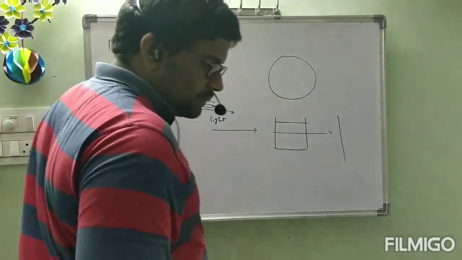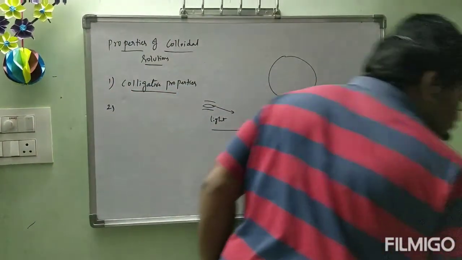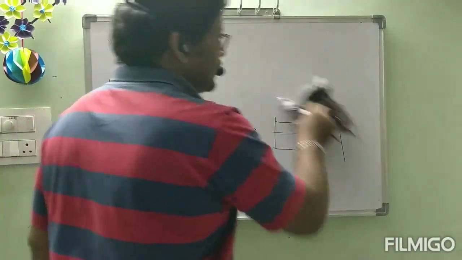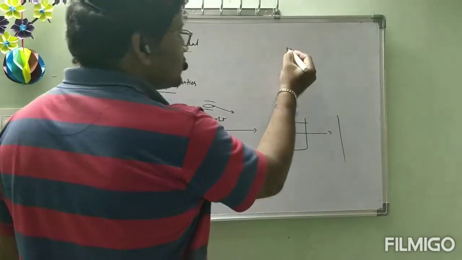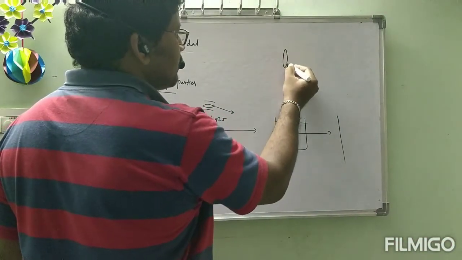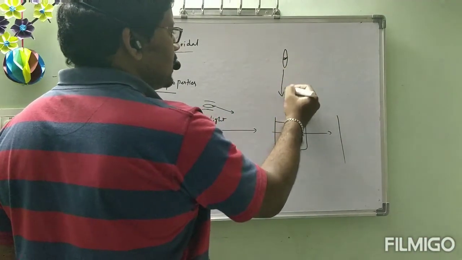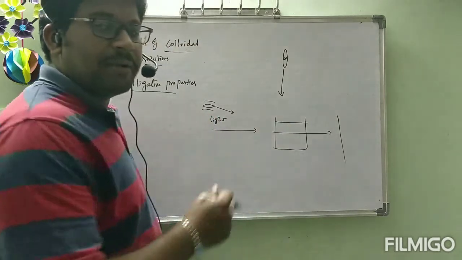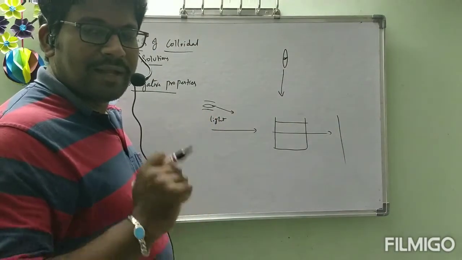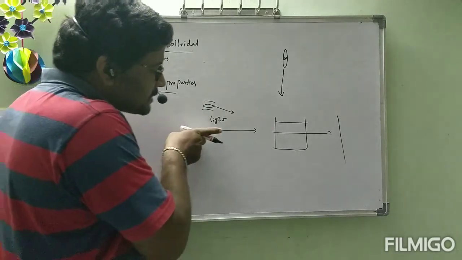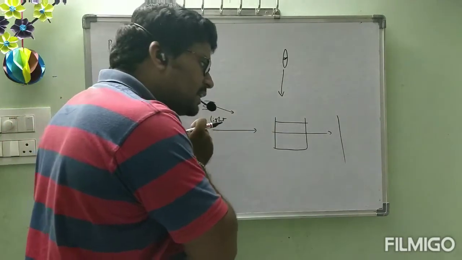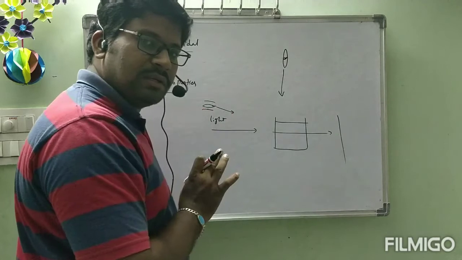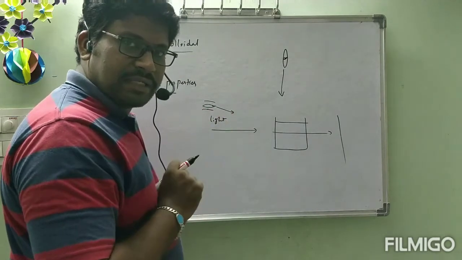If you observe the solution from this direction, it will appear dark. Why? The light passing through this solution is passing straight through the solution only. It is not traveling in any other direction.